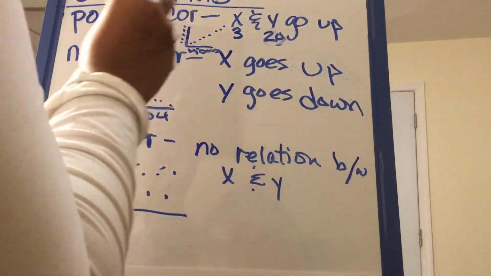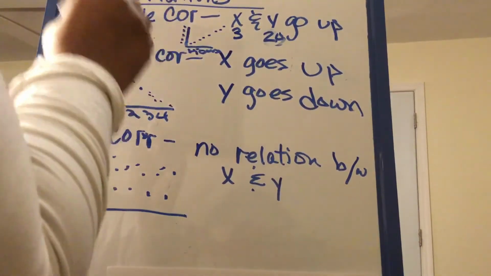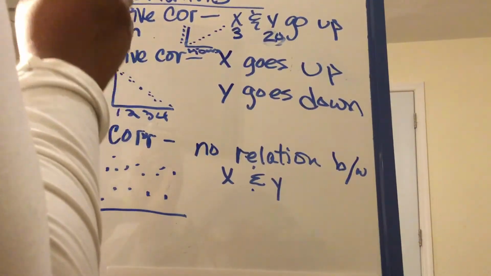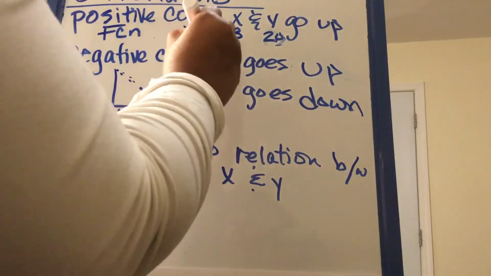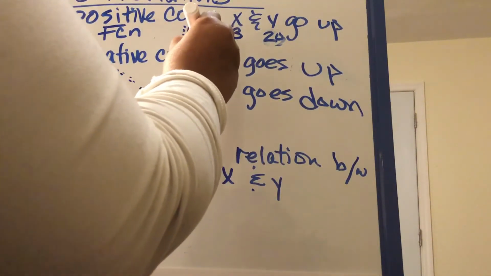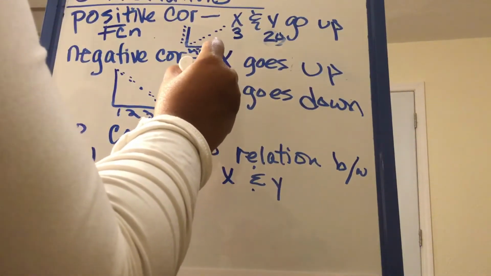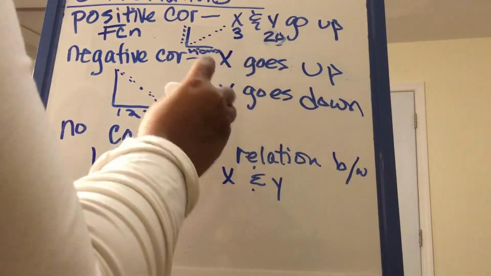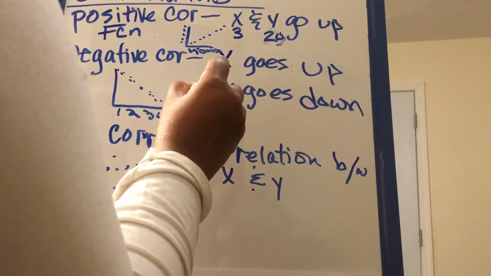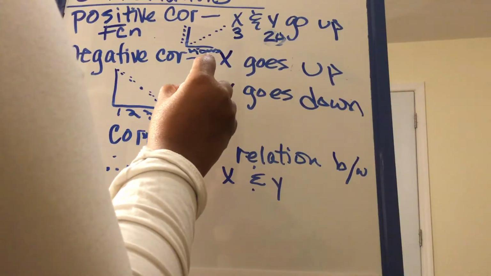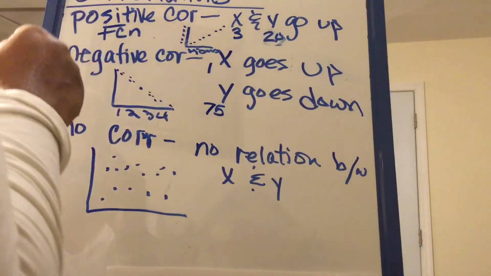Your x value is going to be positive. So let's say this goes up every time. For every hour, the temperature is going down. Like at 1 o'clock, the temperature is, like we're in Florida, and it's different here, 75 degrees.